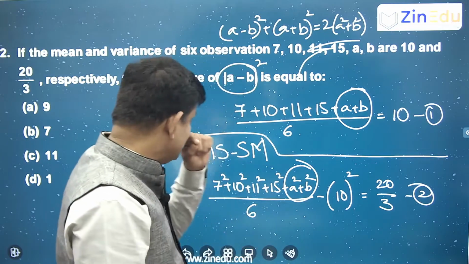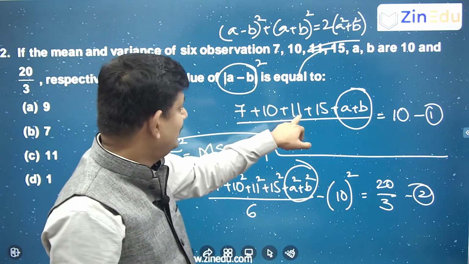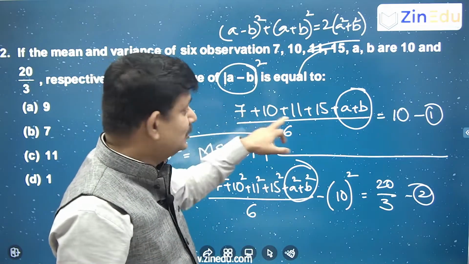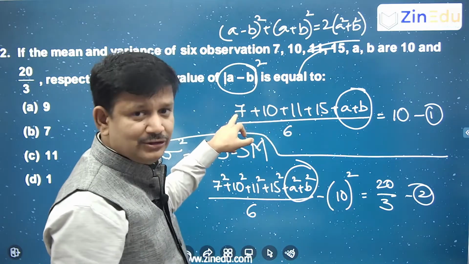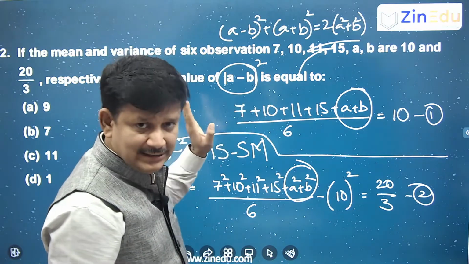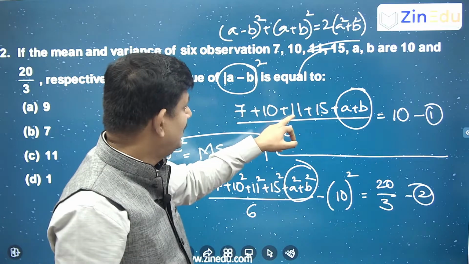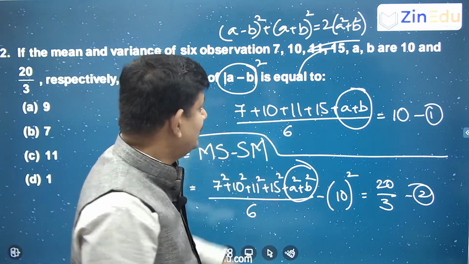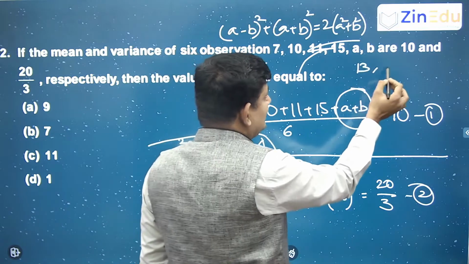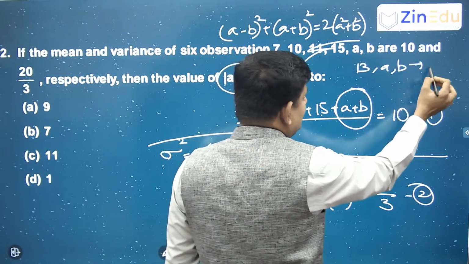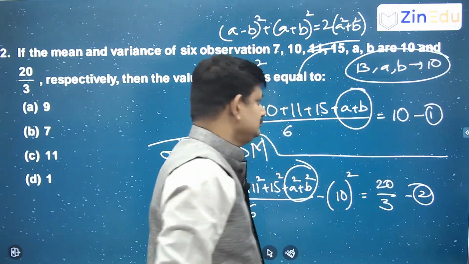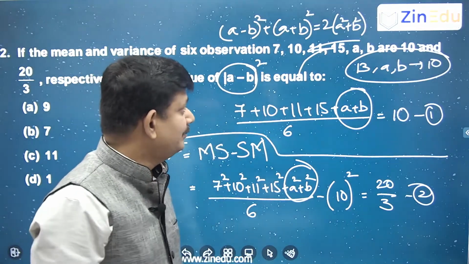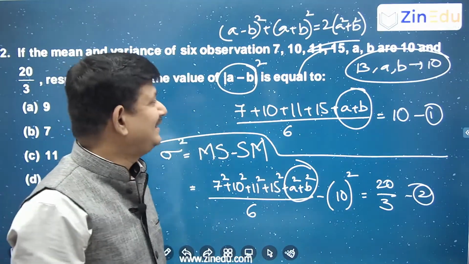7 is 3 short. So, I will borrow 3 from here and give it to 7. So, that is again 10. Now, you can remove it. 11, 1 is excess. I will give it to this. So, effectively 13, a, b, their mean is 10.